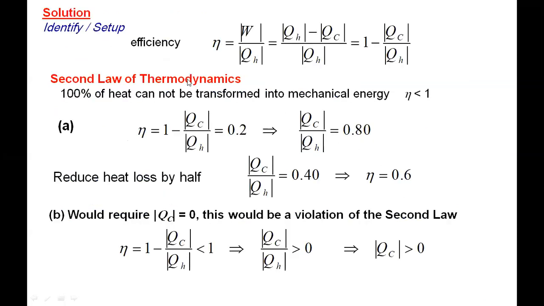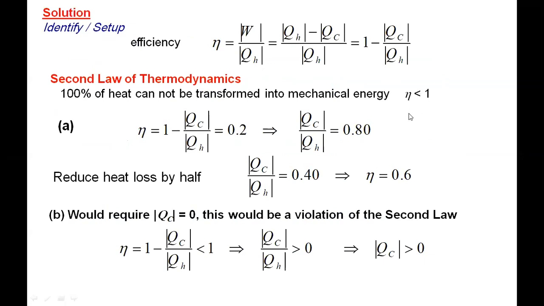Okay, in this solution, we have to start with the efficiency. Efficiency equals 1 minus QC over QH. In the second law of thermodynamics, 100% of heat cannot be transformed into mechanical energy.